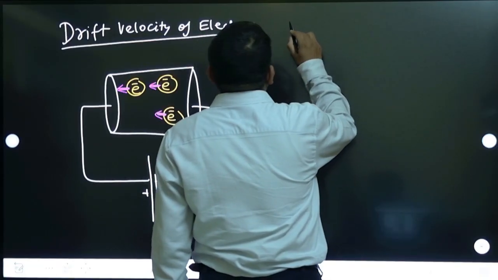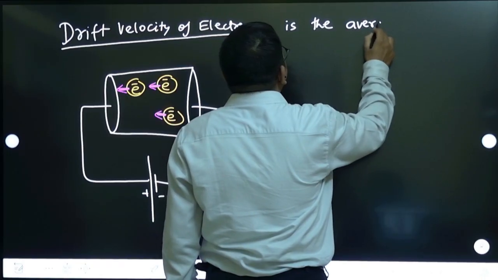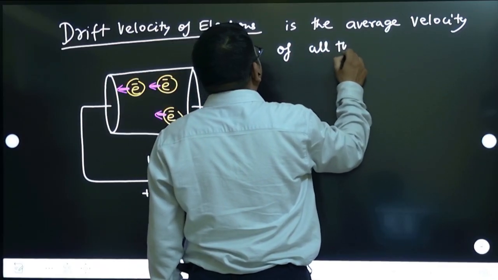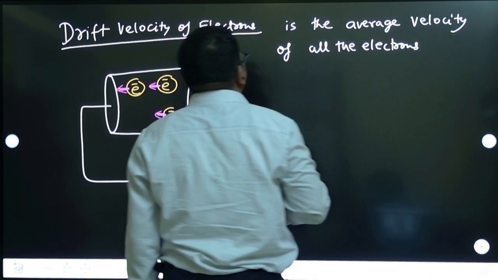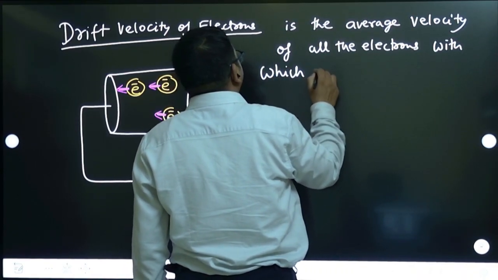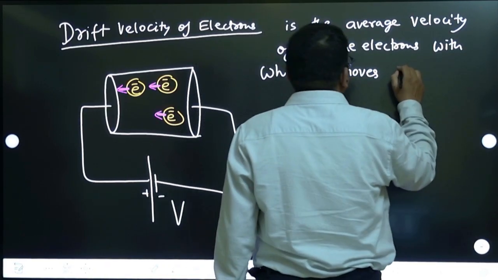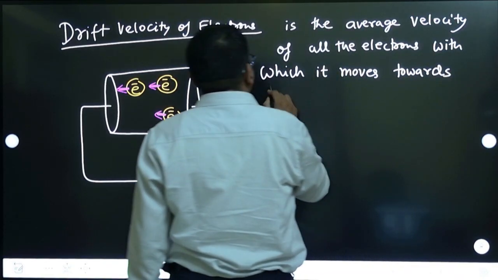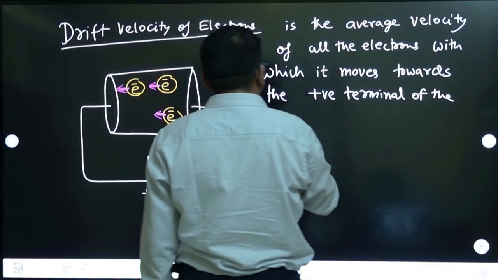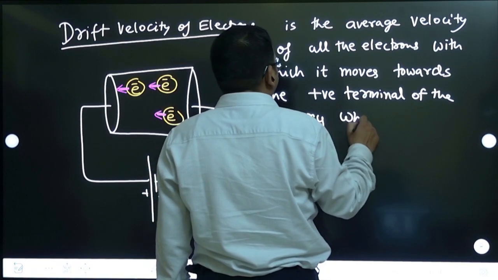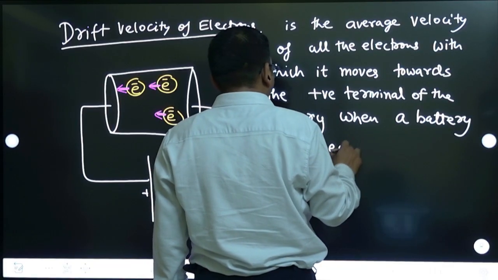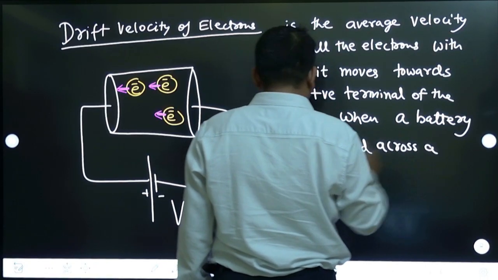Drift velocity of electrons is the average velocity of all the electrons with which they move towards the positive terminal of the battery when the battery is connected across a conductor.